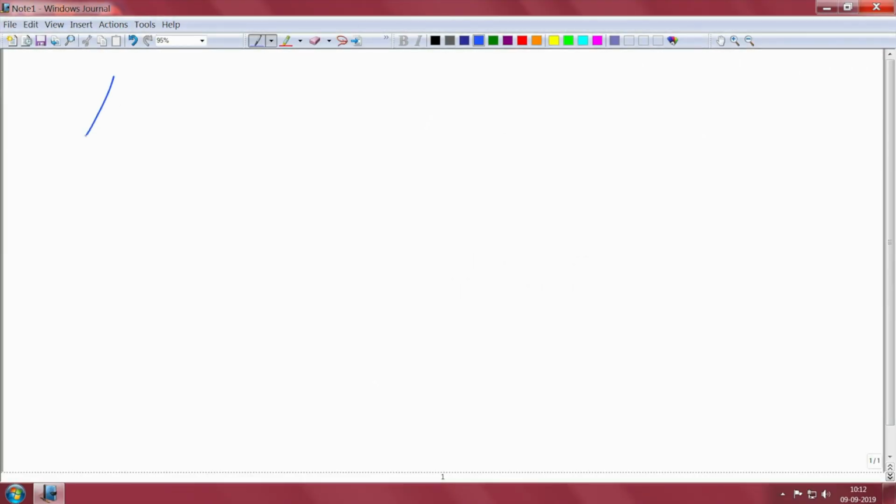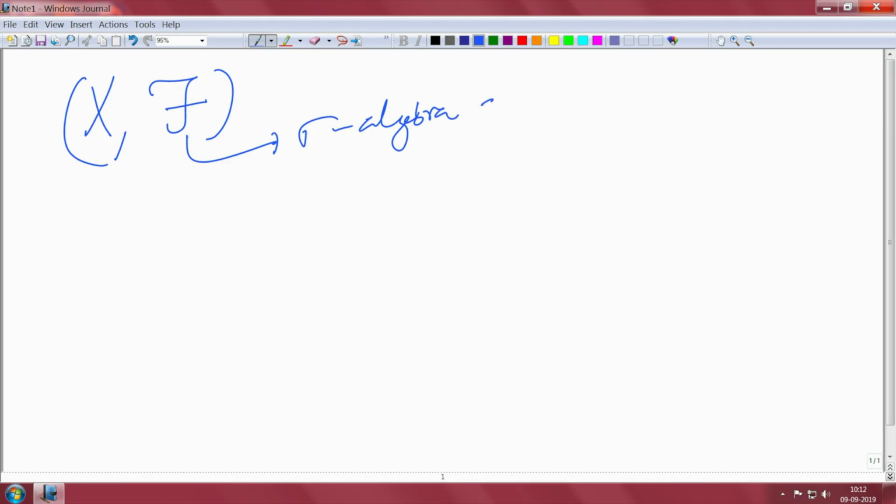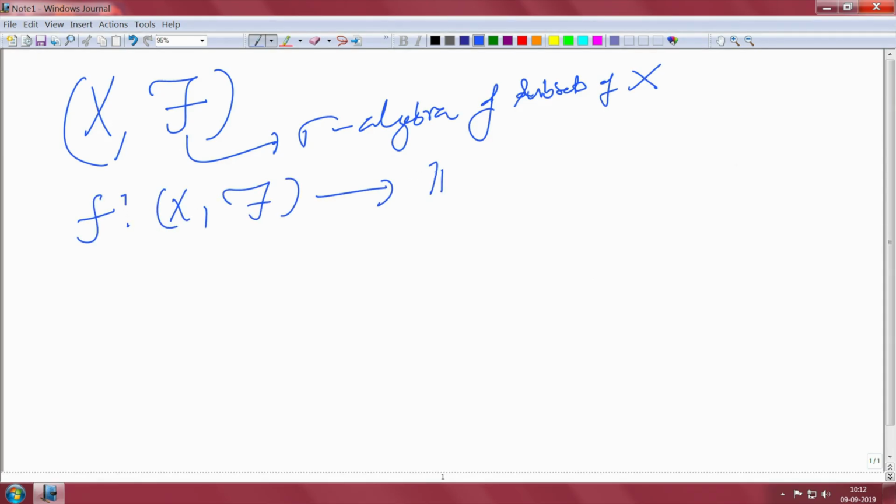So, recall that we have a set X, and we have a sigma algebra, a sigma algebra of subsets of X, and a function f from X to R or C, the complex plane, is measurable.